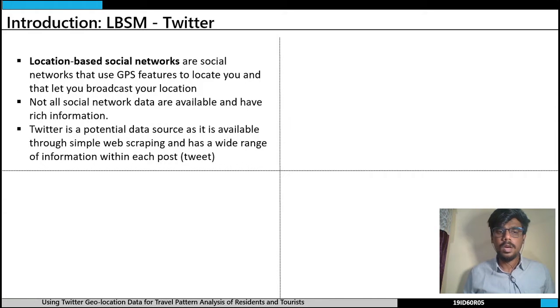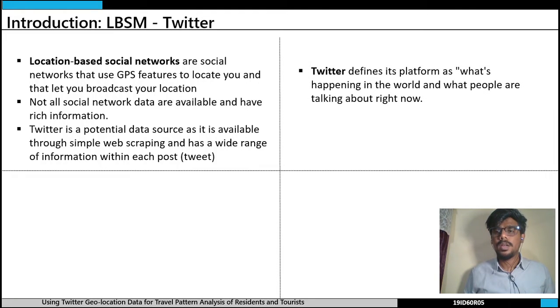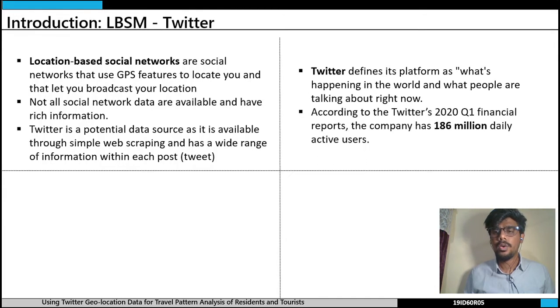Twitter is a potential data source as it is available through simple web scraping and has a wide range of information within each post. It defines its platform as what's happening in the world and what people are talking about right now. According to its Quarter 1 financial reports, it has a daily active user base of 186 million.